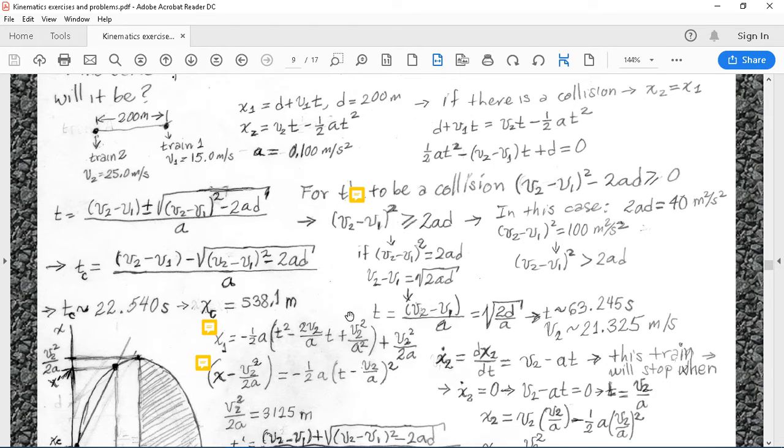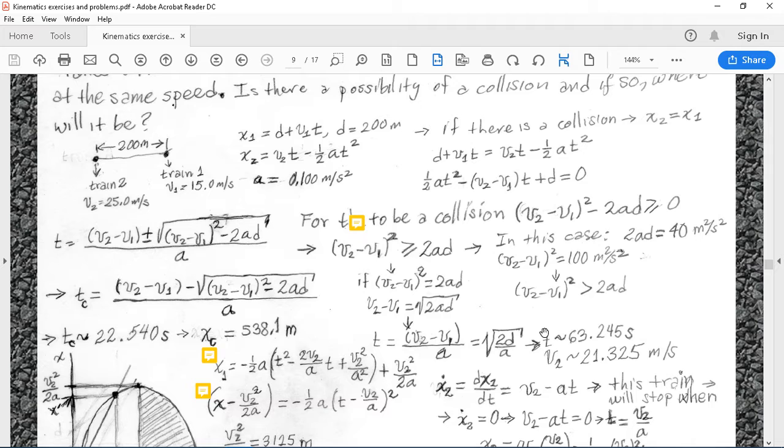For such a case, the time of collision would be equal to (v2 minus v1) over a, which would be equal to the square root of 2d over a. In this part, that time gave me 63.245 seconds.